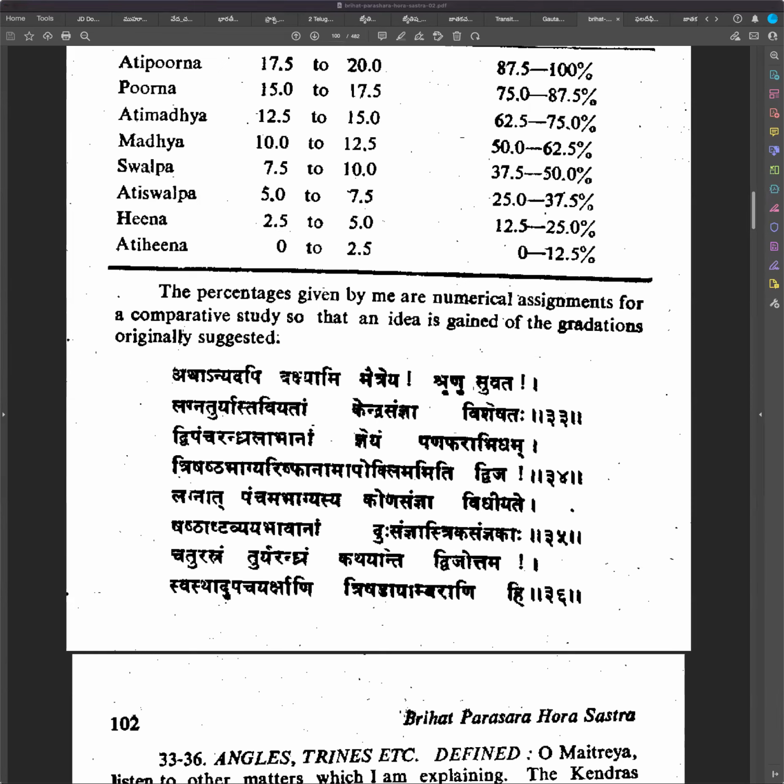So we can go there and see how much strength each planet has: Saptavarga, Dashavarga, Shadvarga, Shodashavarga. Now next.